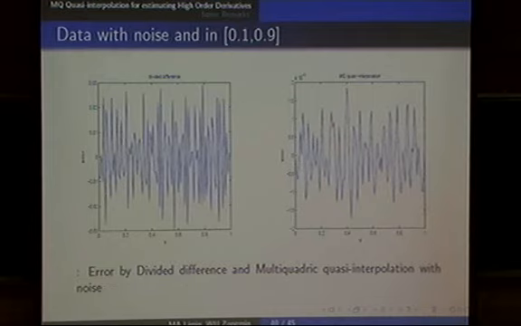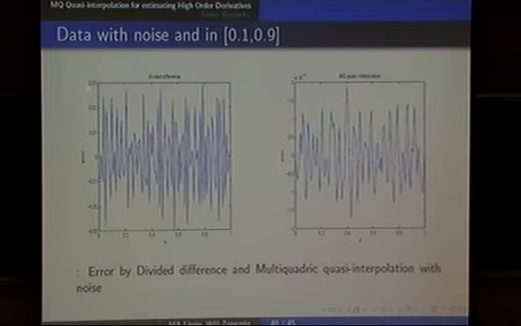These are the results. This is for the second order derivative, I think, using 100 points in the interval 0, 1. This one used the divided difference, and this one used the MQ quasi-interpolation.